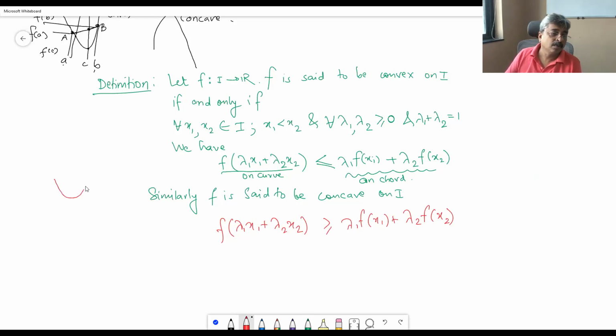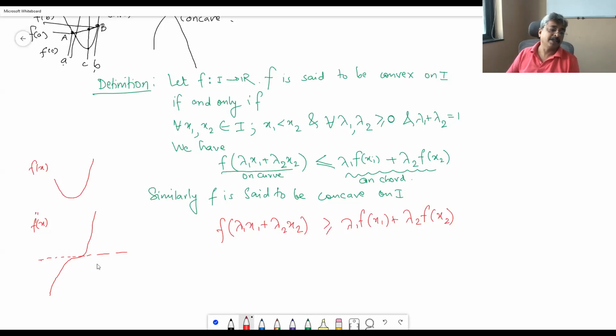So if this is the curve which is convex, this is f of x, and below that if I try to plot f dash of x, then slope is negative, very negative. Negative is becoming little positive, it becomes 0, and then again it becomes positive. So this is my x-axis.